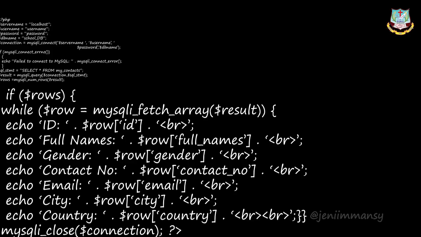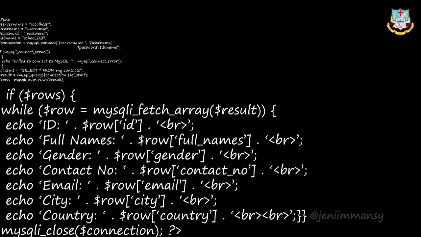So here first echo ID. The first row is for ID, and for that, inside the quotes we give ID and $row, and inside the square brackets we give ID. We are creating a row for ID. Next a break.